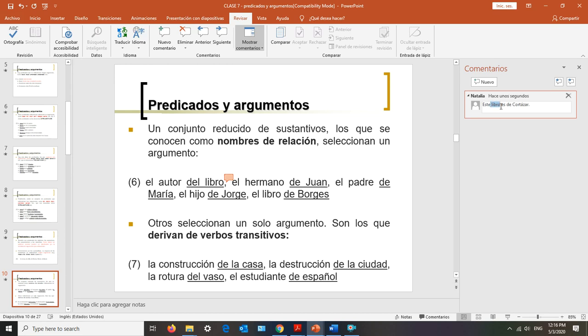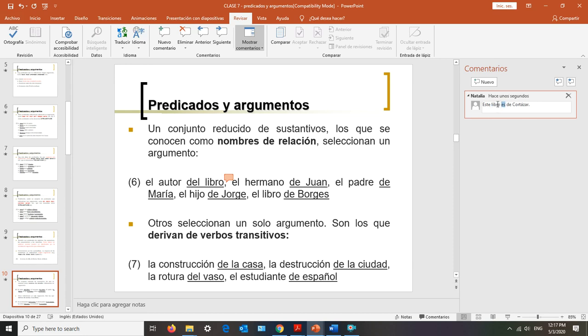Libro would be the noun functioning as the predicator of the sentence.